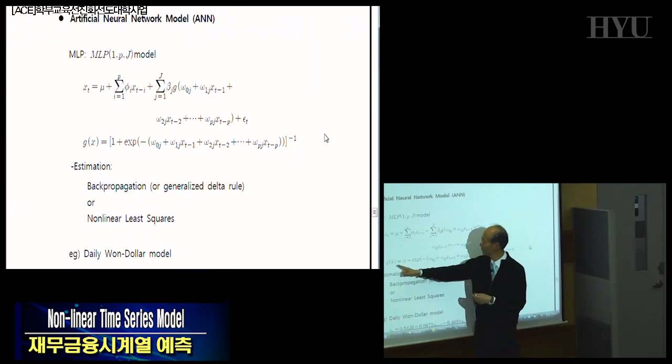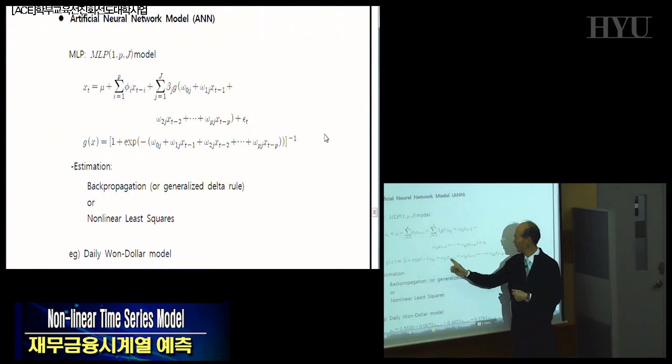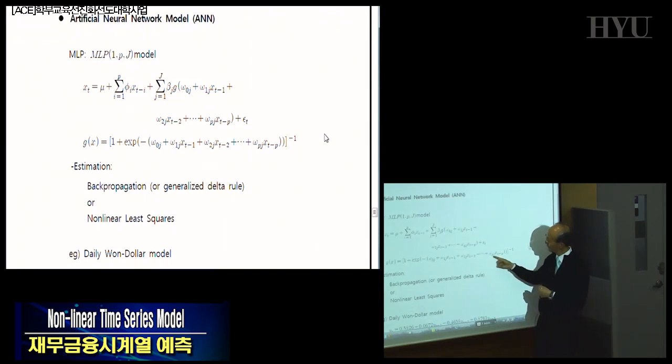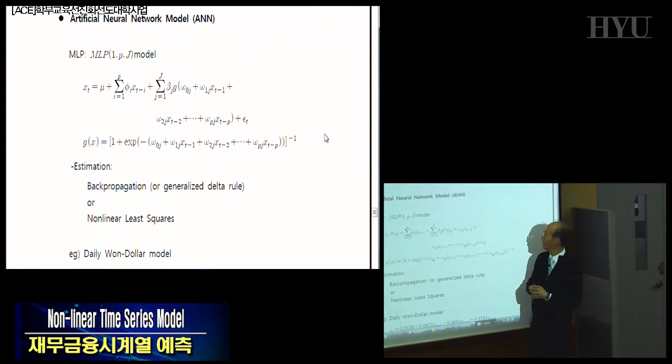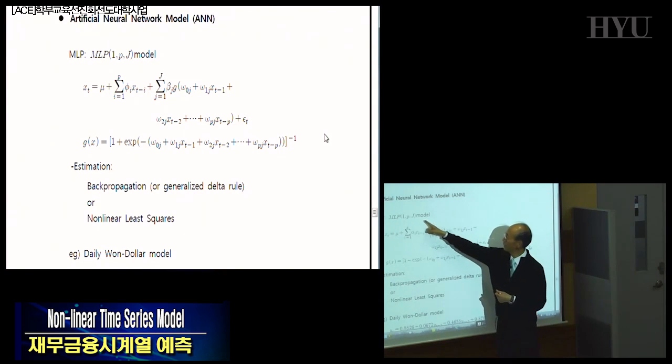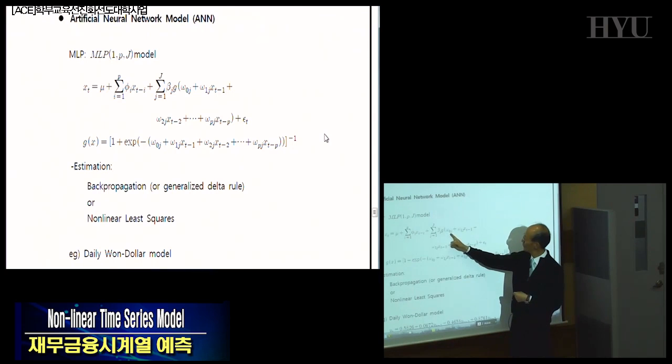And there is a function g. If you plug in a linear combination of x, then this is going to be one value, right? Now, here 1 through J, this J. What that means is, let's say if j is 1, then omega_{0,1}, omega_{1,1}, up to omega_{p,1}.